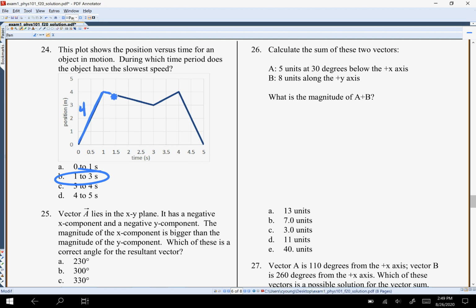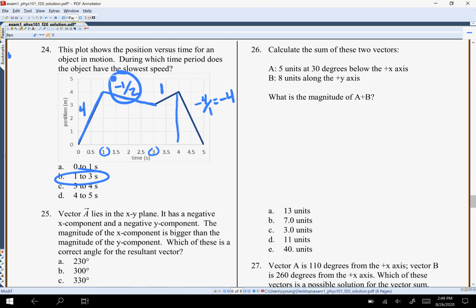This one has a rise of negative 1, divided by 2. I'm going from 1 to 3. Here I have a rise of 1 over 1, and then here I have a rise of negative 4 divided by 1, or negative 4. So the one with the slowest speed is going to be this one.